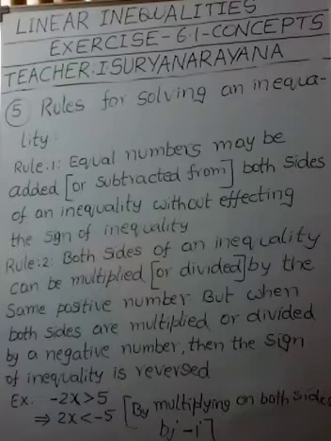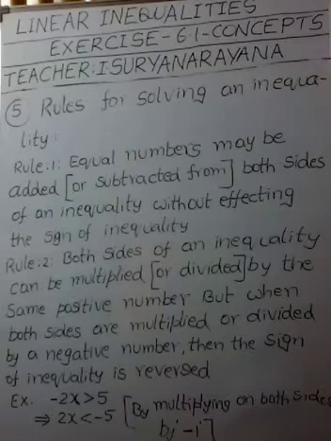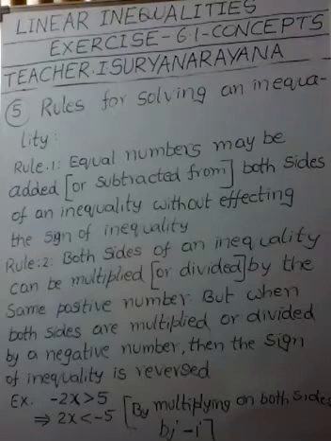That is the fifth point. In earlier classes, you have learnt the rules for solving a linear equation. In solving a linear equation, you have added the same number on both sides. You have subtracted a number from both sides of the equation.